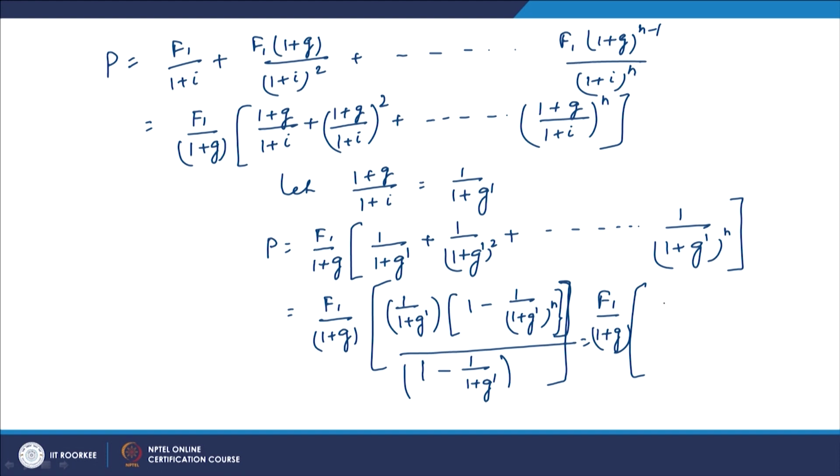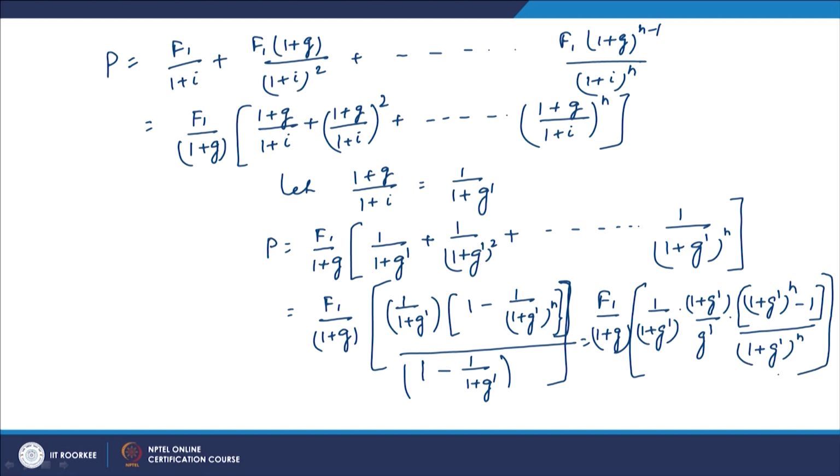So now what we see is 1 by 1 plus g prime into 1 plus g prime by g prime, and then we will have 1 plus g prime to the power n minus 1 divided by 1 plus g prime to the power n. So, this is what we are getting.